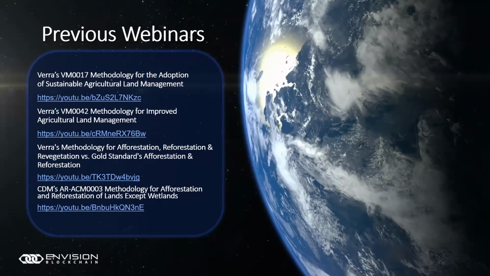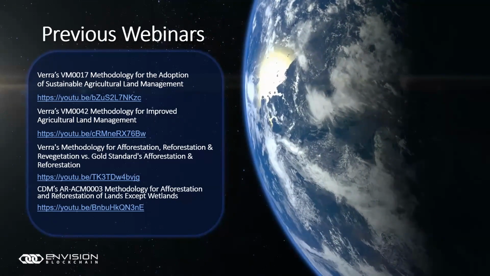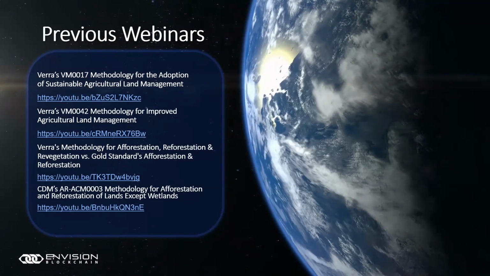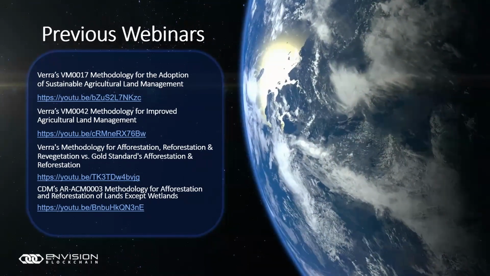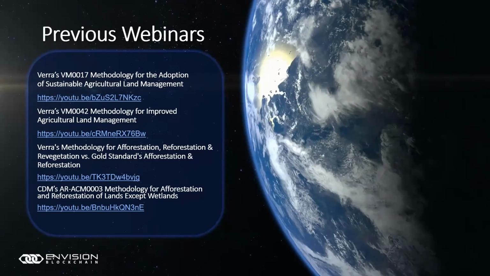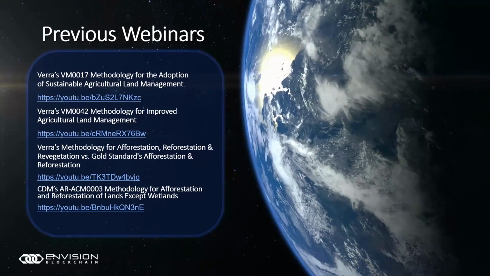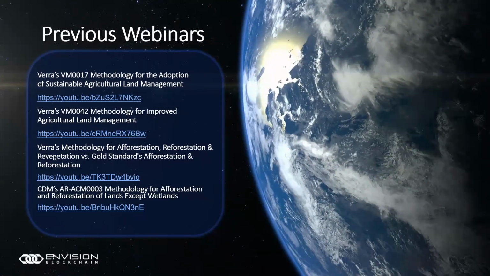Another webinar was on CDM's AR-ACM-III, which is the methodology for afforestation and reforestation. So as you can see, we've had previous webinars focused on agriculture, land management, and afforestation and reforestation, but today we're going to be focusing on energy. You could also find all of our previous webinars on our YouTube channel.